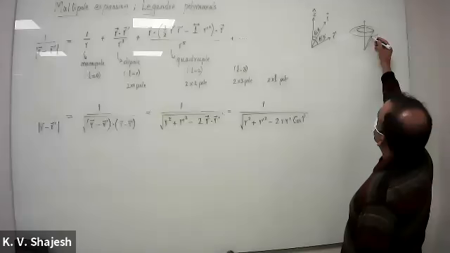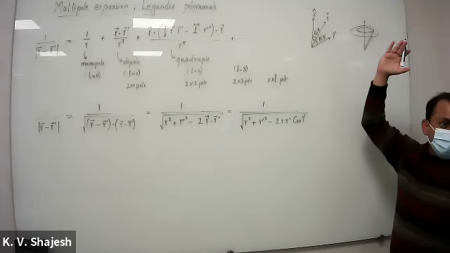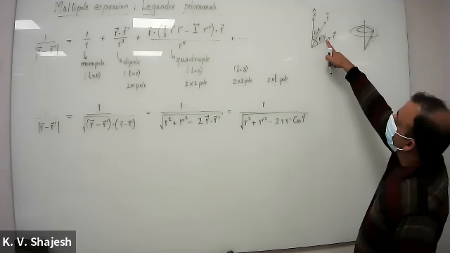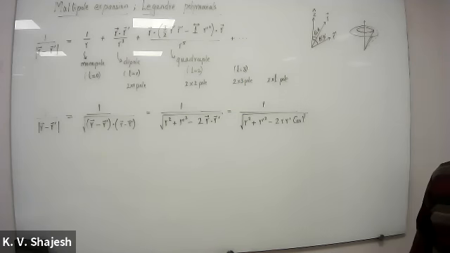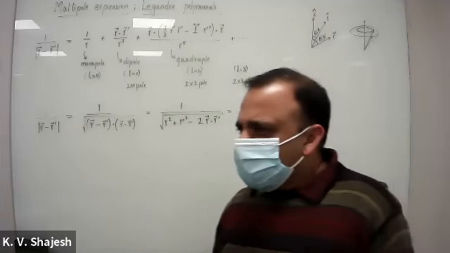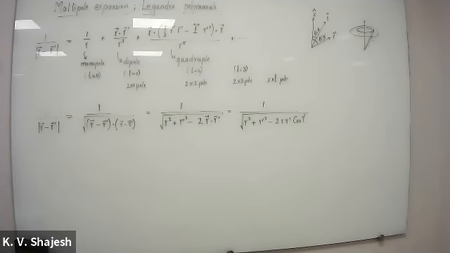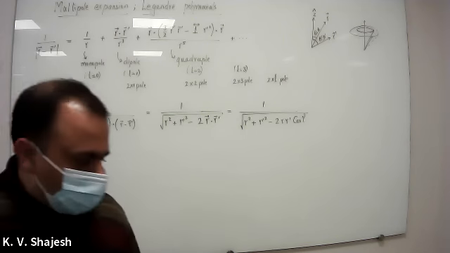Notice that this vector is not in the same plane, it is coming out of the plane, and how much angle that makes is decided by phi prime. Is that clear? Any questions there? Is this visible? Yeah. Okay.